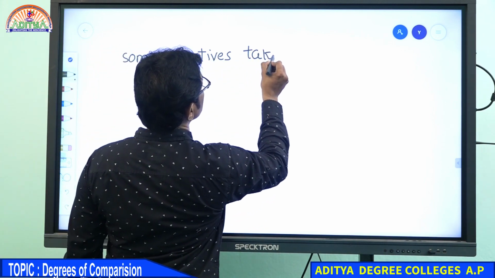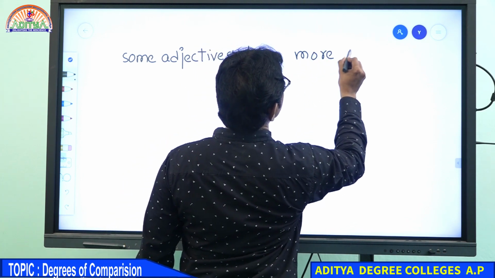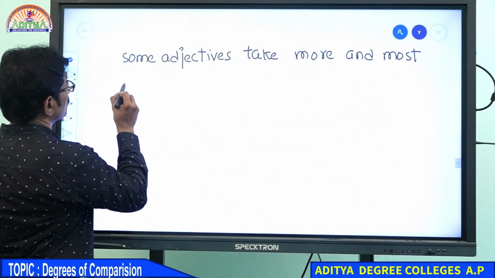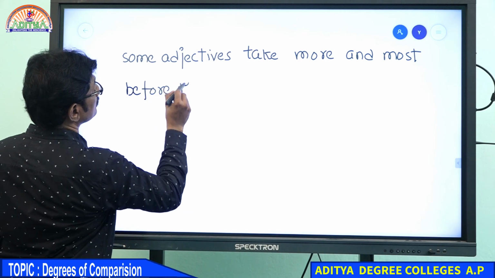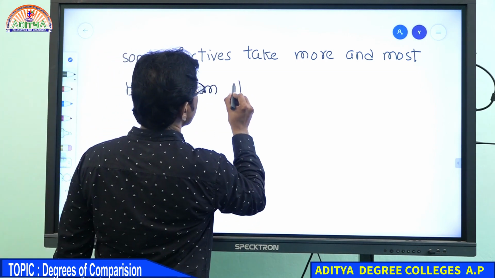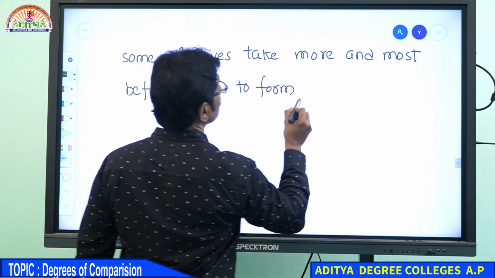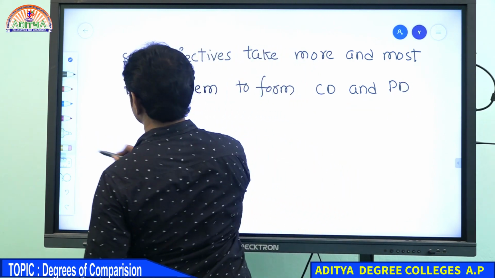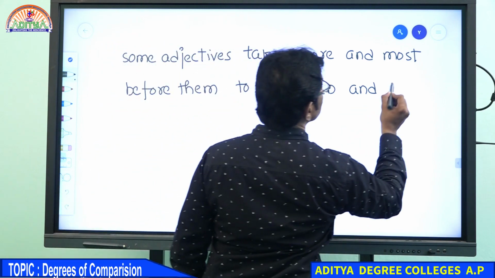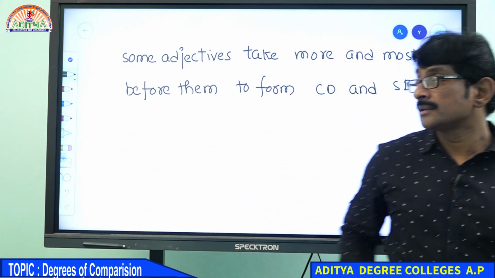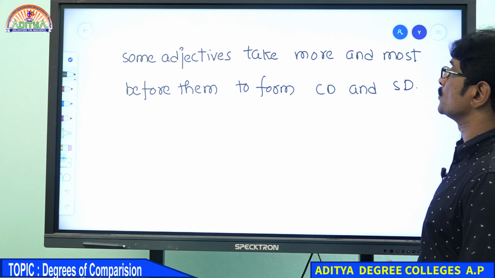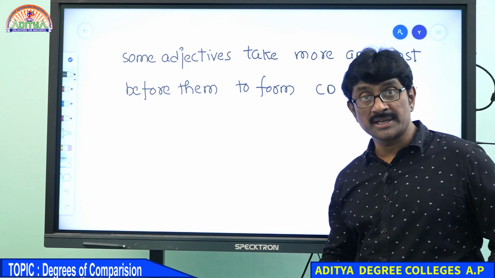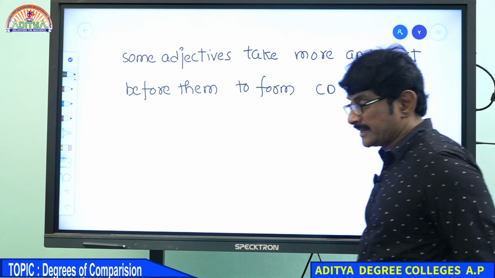Some adjectives take more and most before them to form CD and ST, comparative and superlative.